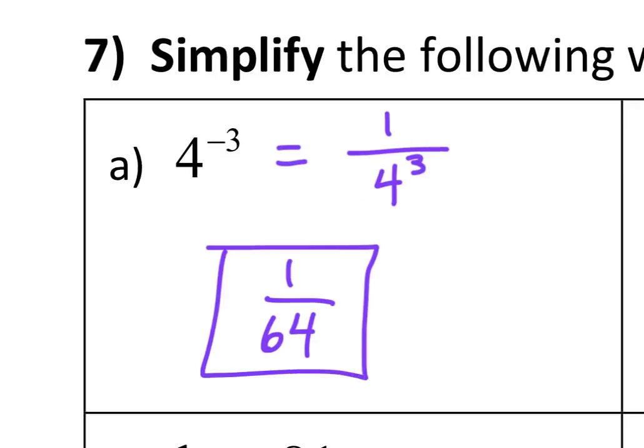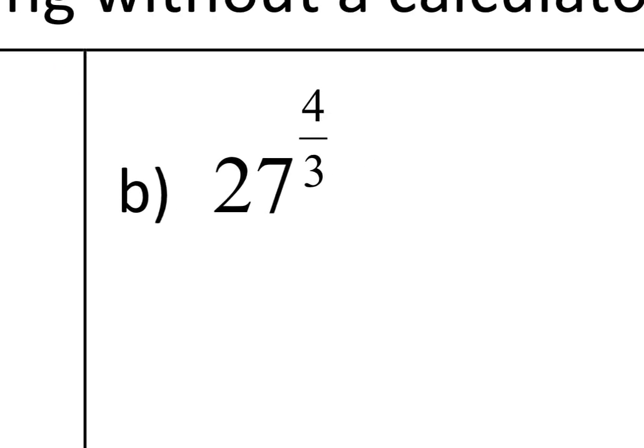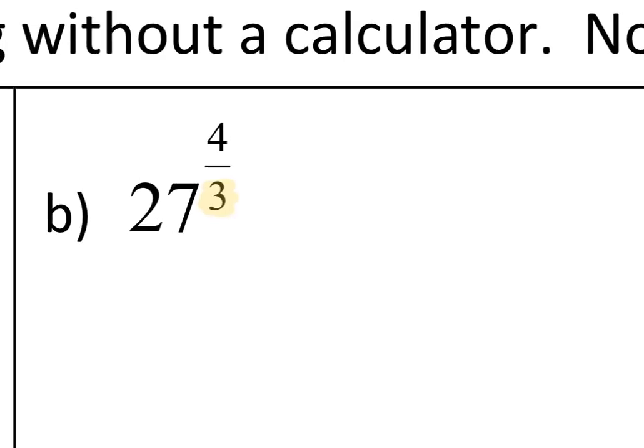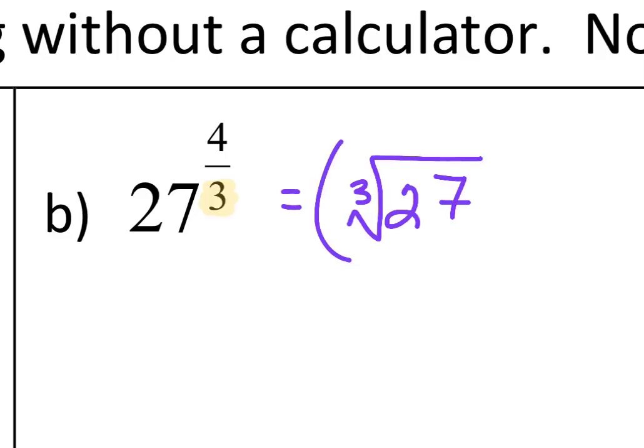Moving along then, when you have an exponent that's a fraction, remember that the denominator of the fraction becomes the index of a radical. And so really what you're saying here is that you want to take the cube root of 27 and then take that number to the 4th power.